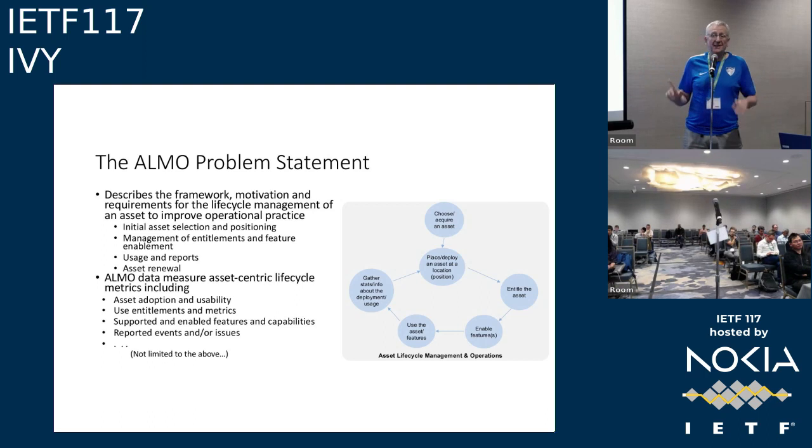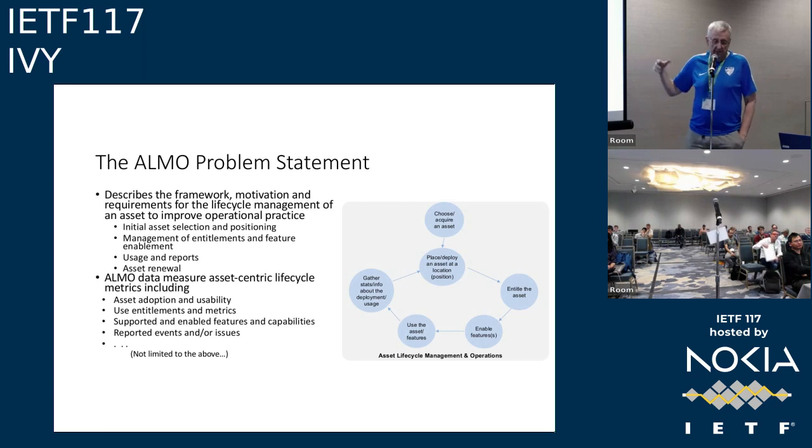We're talking about entitlements, and we try to go a little beyond the concept of license, etc. How these entitlements are associated with the features required for a particular combination of assets to provide a service, and then how that connects with how the assets are being used and what the reports are about it, the experience, measurements, etc. And then how an asset can be renewed, or decommissioned, the service is stopped, and then the asset is put aside.